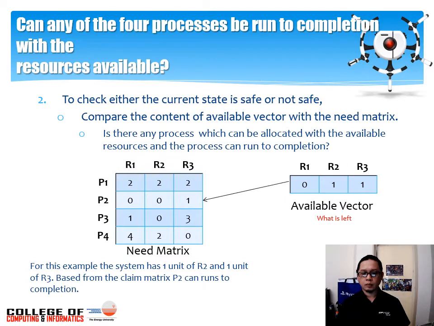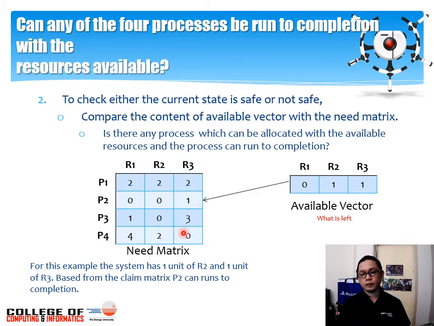Now, remember that you already have this information. You already have the available vector, and also you have already calculated the need matrix. So from that information, you know process 1 needs this amount of resources, process 2 needs this amount, process 3 also needs this amount, and process 4 needs this amount.